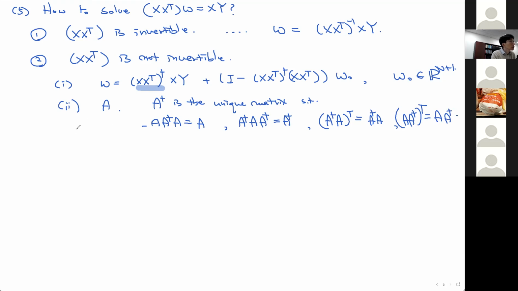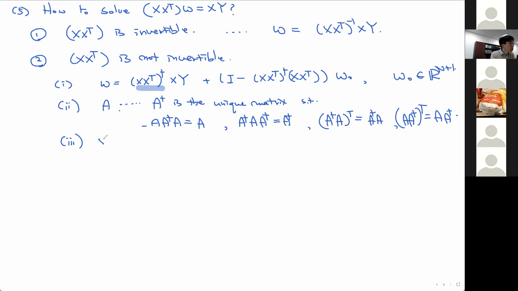So then we may ask, in our context, what is this pseudo inverse? In general, the pseudo inverse can be computed by taking the singular value decomposition and then taking the reciprocal, 1 over something, for every singular value. That will give a pseudo inverse.